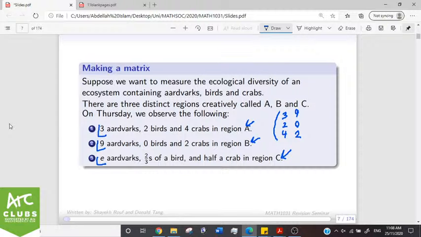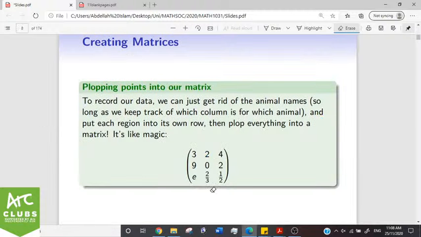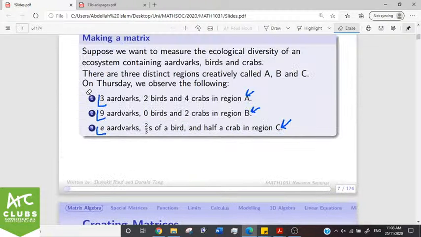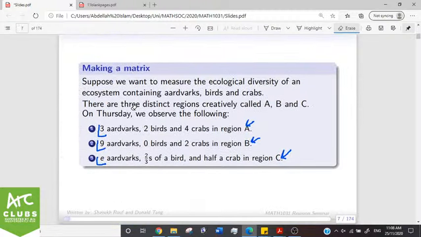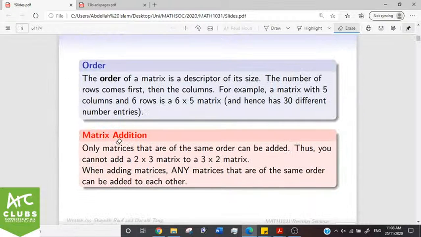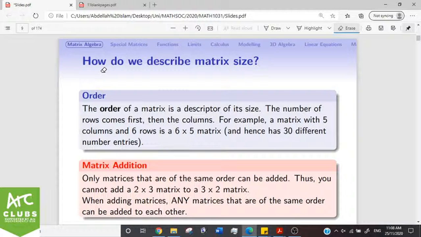The third is already in the slide, so I don't have to rewrite it. If we scroll down, we can see it here. So you can model situations like this using just a matrix, and that's what we're going to be looking at in this chapter.